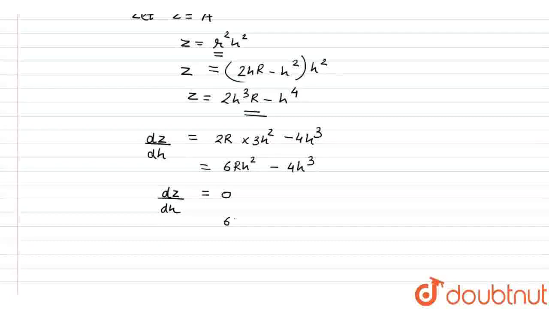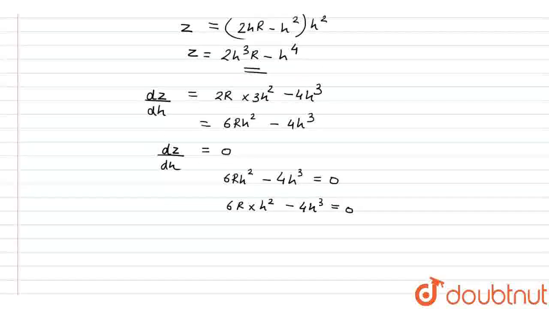So from here we get 6Rh square minus 4h cube equals to 0. This will become 6R into h square minus 4h cube equals to 0.